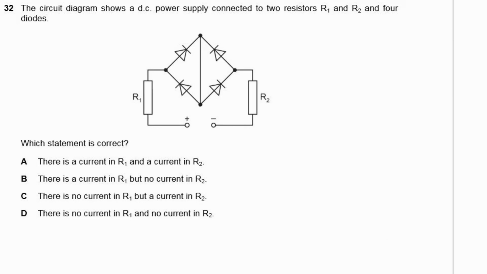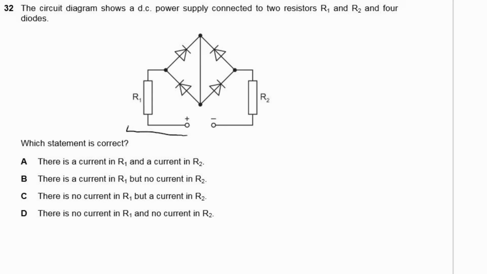Question 32. The circuit diagram shows a DC power supply connected to 2 resistors R1 and R2 and 4 diodes. Which statement is correct? Current in R1 and R2, current in R1 but not R2, current in R2 but not R1, and no current in R1 and no current in R2. Well, let's look at it. It's a DC power supply, so we just follow it round in one direction.